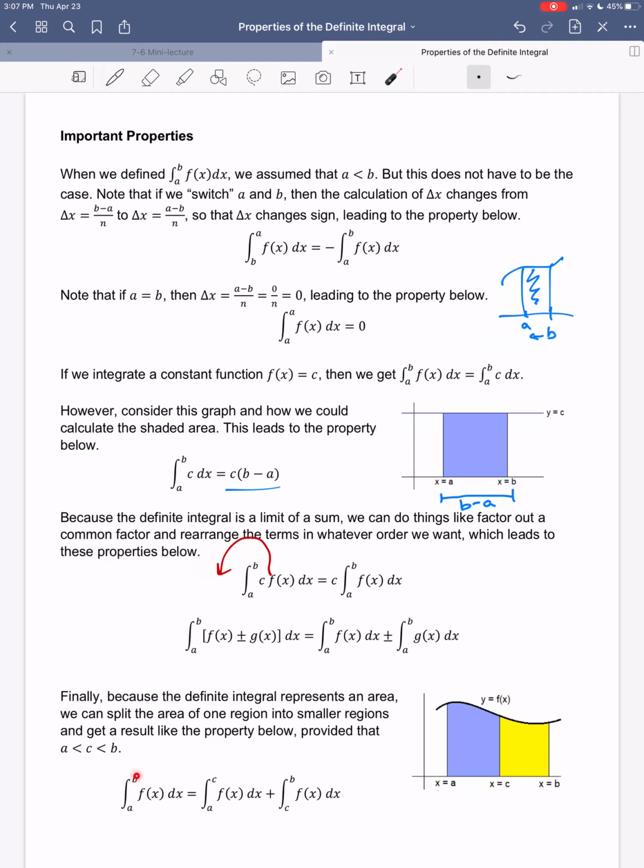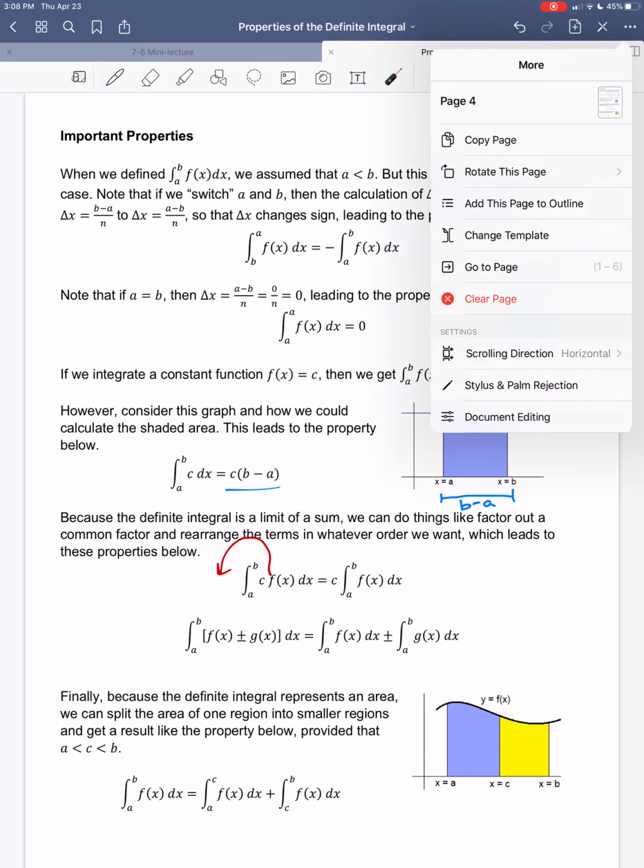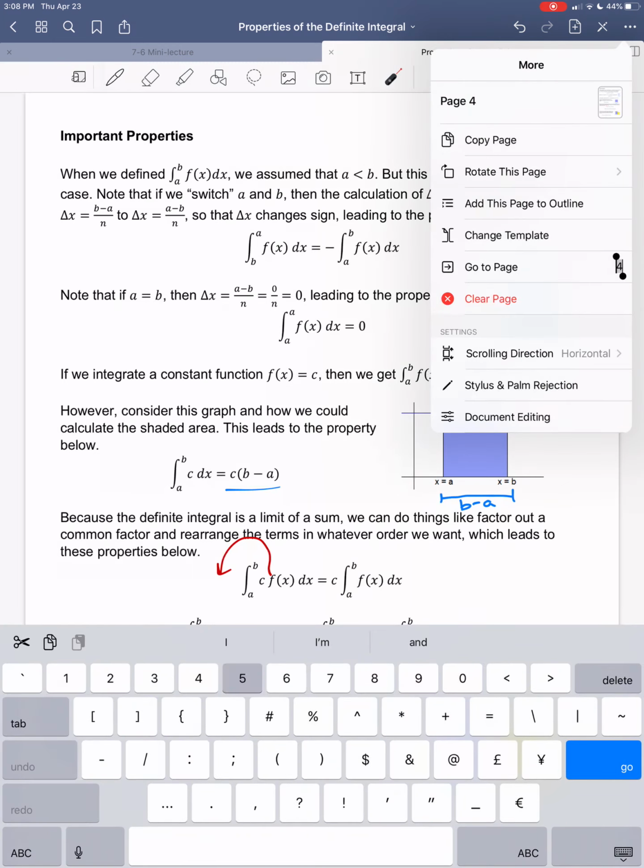So instead of integrating from a to b directly, I can go from a to c first and then c to b second and just add those results together. So these are properties we're going to use throughout the rest of the course. You'll become more familiar with them as we go through some stuff here.